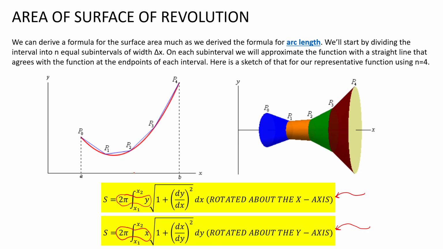So where did this 2 pi y and 2 pi x come from? For example, this one, we're going to represent point 2. Since point 2 is rotated about the x-axis, the area that is going to generate is a circle.